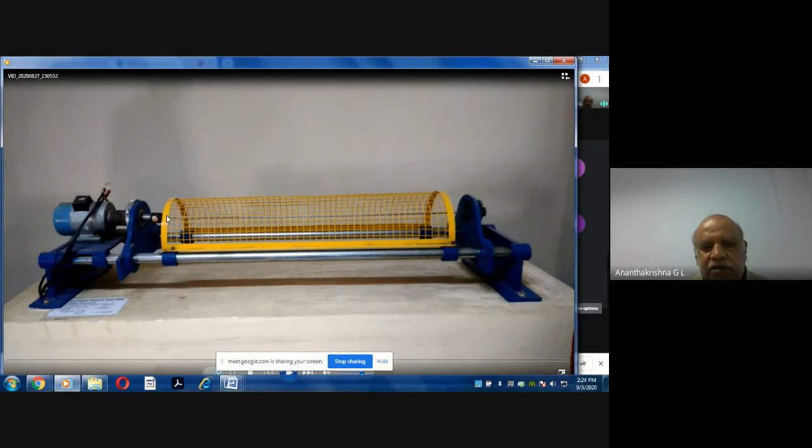When we get the second mode, as we saw in our previous slide, where you get one node, wherein the amplitude of vibration is 0, then we take the second critical speed using a digital tachometer. Now let's observe the video.